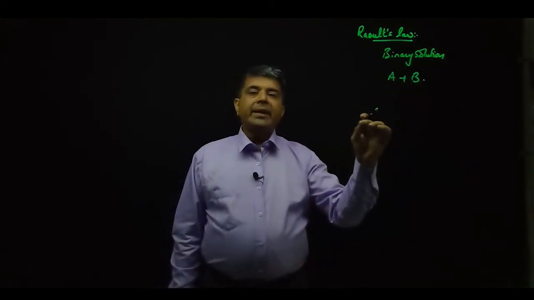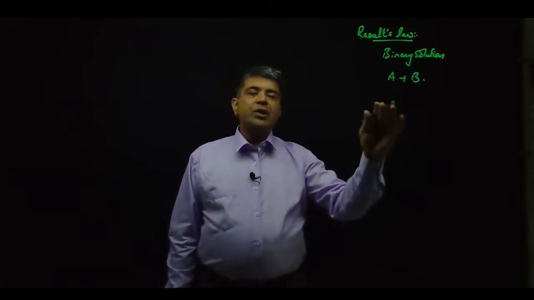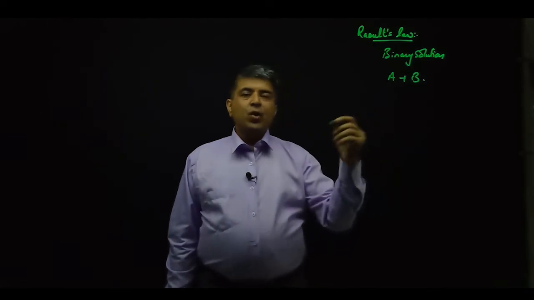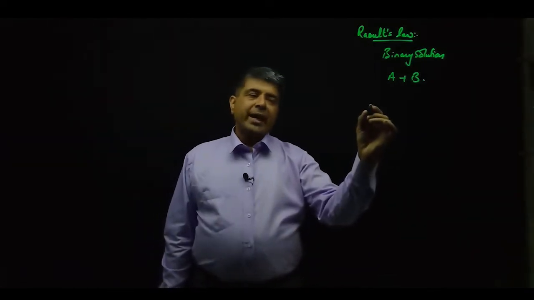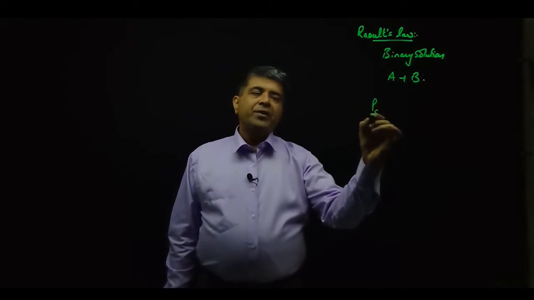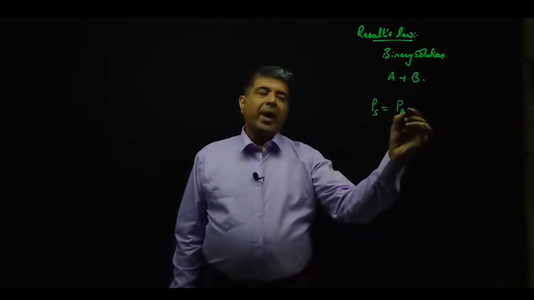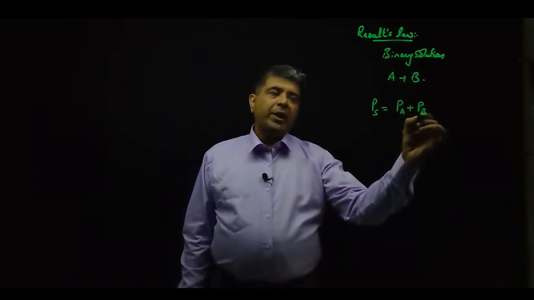Here I am considering miscible liquids, that is a homogeneous solution is formed when two liquids A and B are mixed. So for miscible solutions, Raoult's law is that the total pressure of the solution is simple algebraic sum of partial pressure created due to liquid A and liquid B.